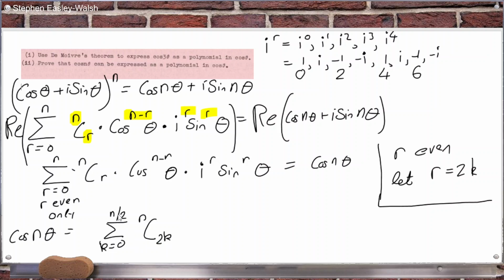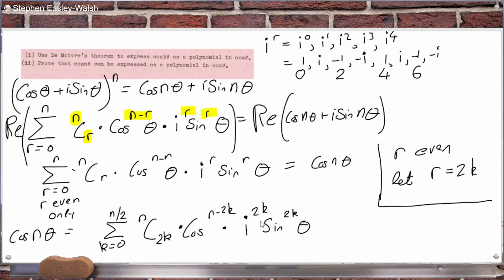And k doesn't have to go all the way up to n. It only has to go to n over 2 because you're multiplying it by 2. Times cos to the n minus 2k of theta times i to the 2k, and then sine to the 2k of theta.